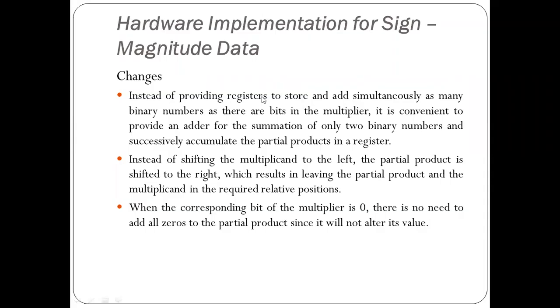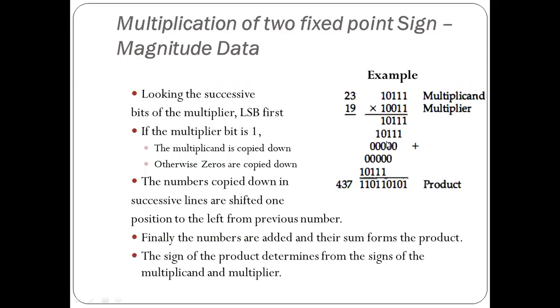Instead of providing registers to store and add simultaneously, you would need to use many registers that store the partial products, and finally they have to be added as per the procedure.